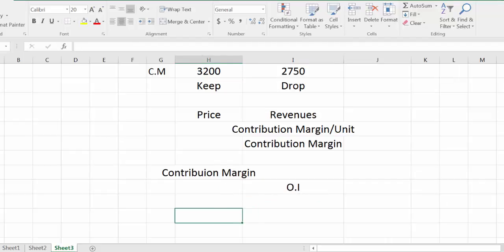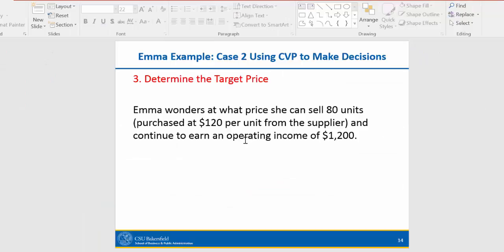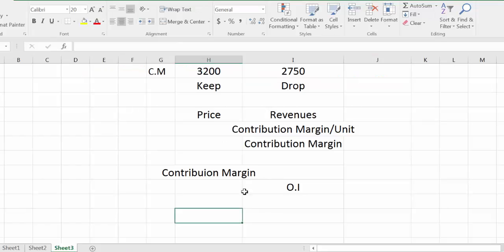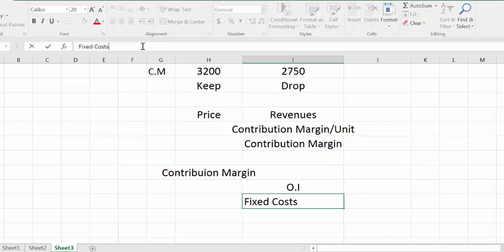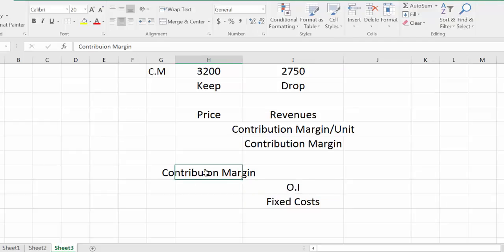So now you can see that the question becomes pretty clear. You have the operating income, which is associated with the contribution margin. All you have to know is the fixed costs, right? If I know the fixed cost, and I know 2 out of 3, I can find the third one. In this formula, you know the operating income and the fixed cost, so you can find the contribution margin. And from the contribution margin, you can find the contribution margin per unit, just by dividing the contribution margin by the number of units.